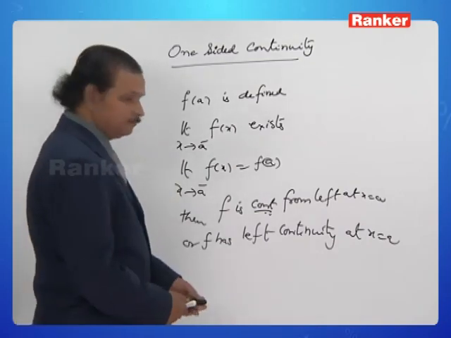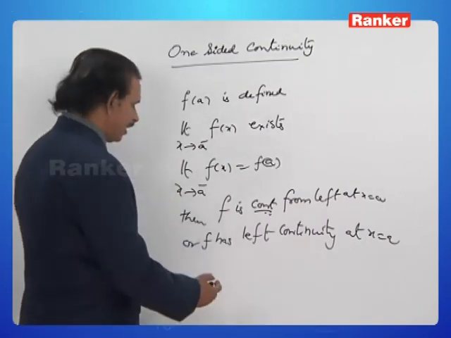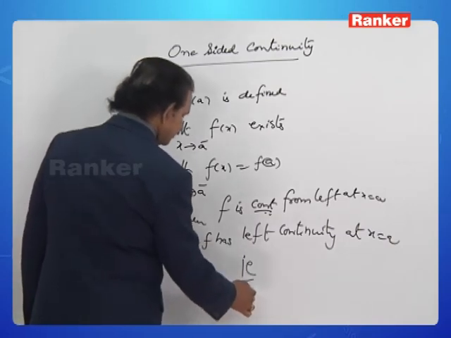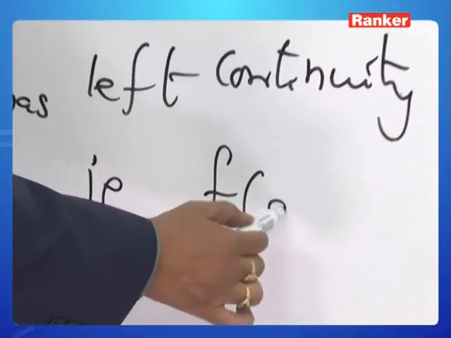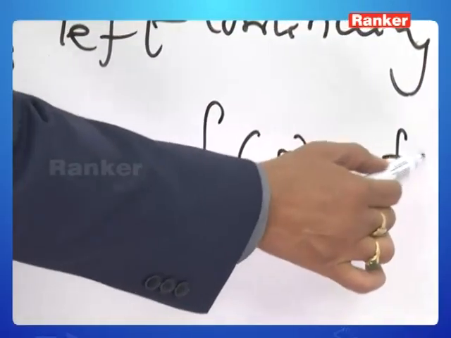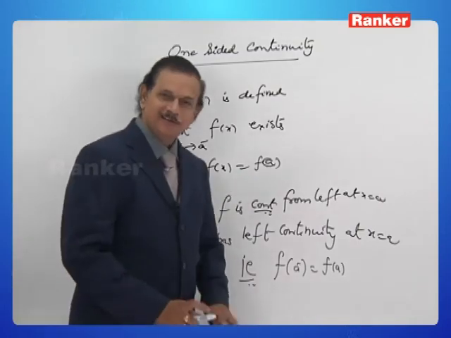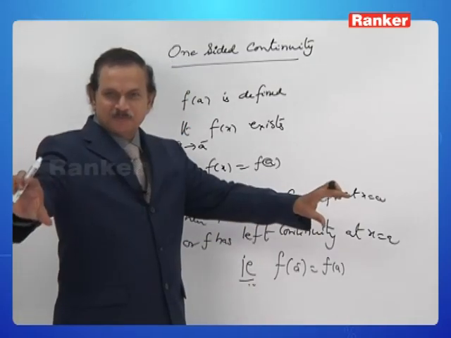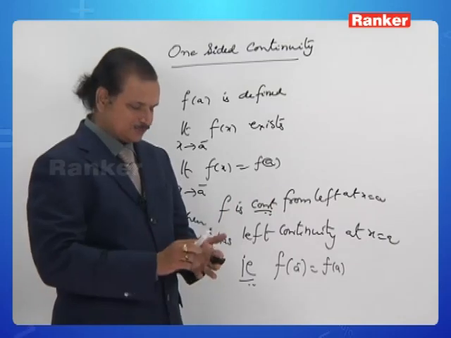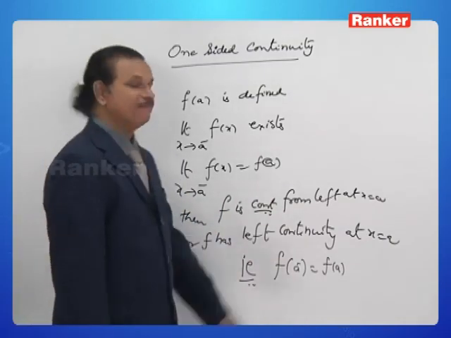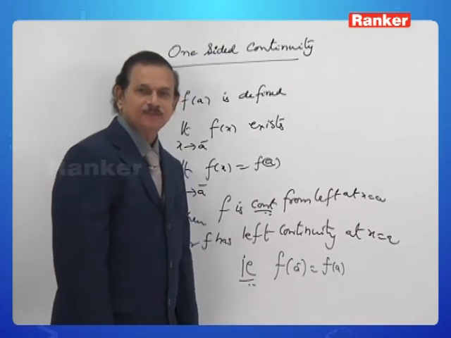Moreover, in a brief case model, that is f of a from left is equal to f of a. That's all. That full brief case has been broken. The first part is only considered to say that f is continuous from left at x is equal to a.